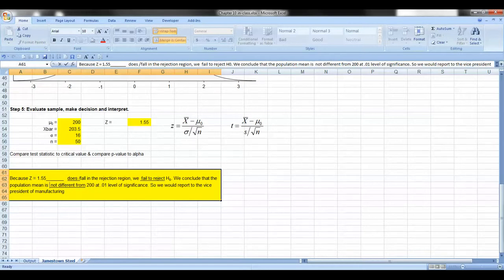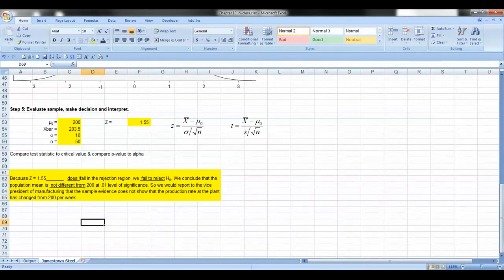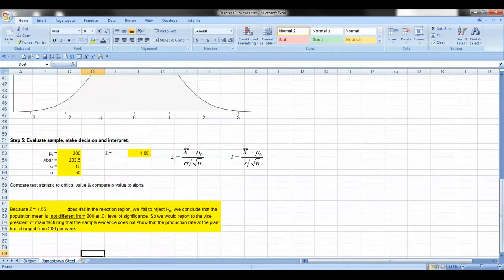So we would report to the president of manufacturing, notice that this is hidden here, that the sample evidence does not show that the production rate at the plant has changed from 200 per week.